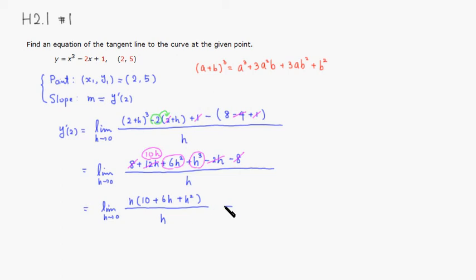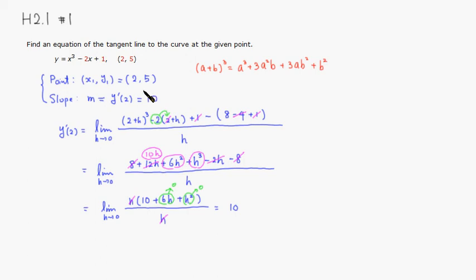Then we can cancel out h on top and h on the bottom. As h goes to 0, 6h goes to 0 because it's 6 times 0, and h squared is 0 squared, so that's 0. What's left is 10. Therefore, the slope at x equals 2 came out to be 10.